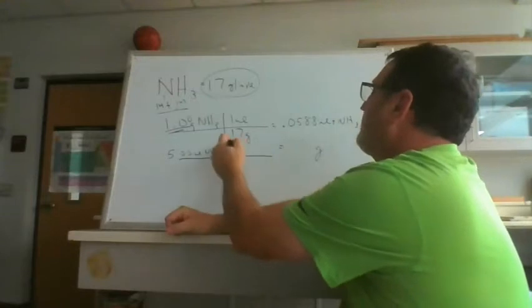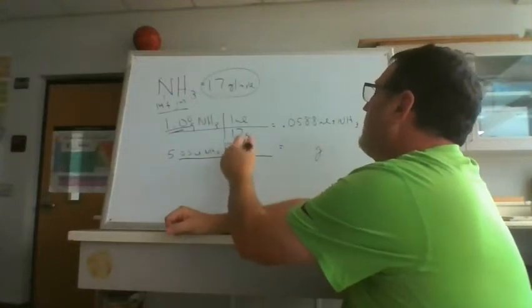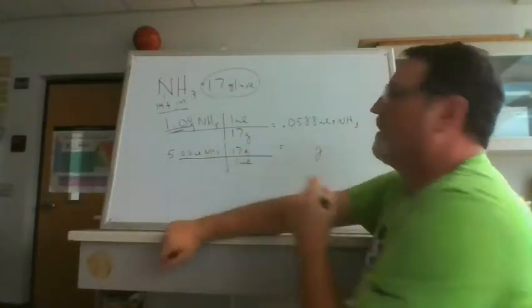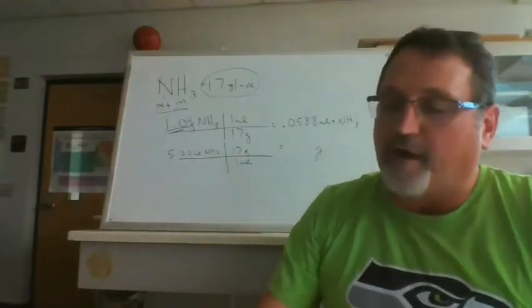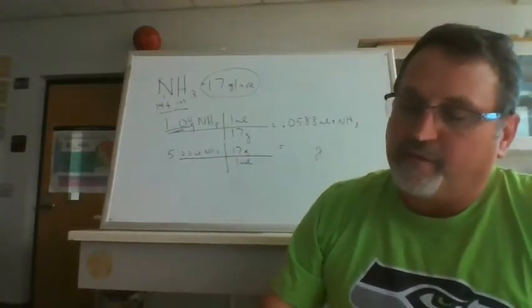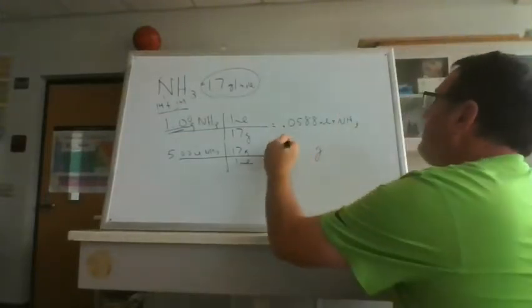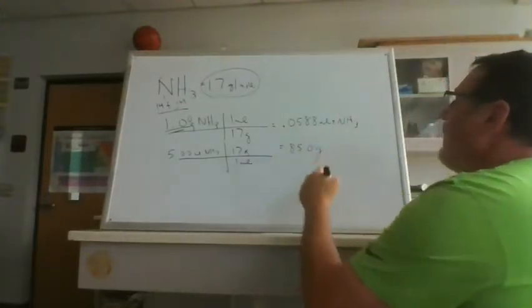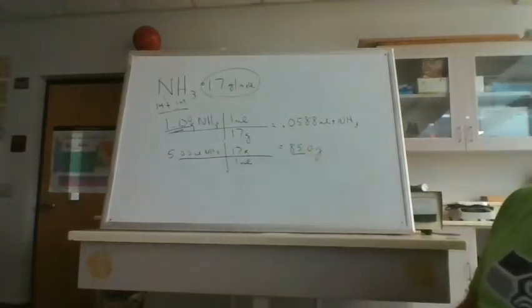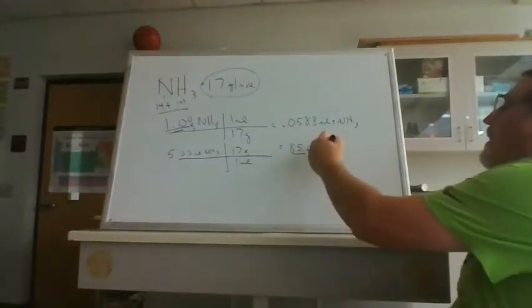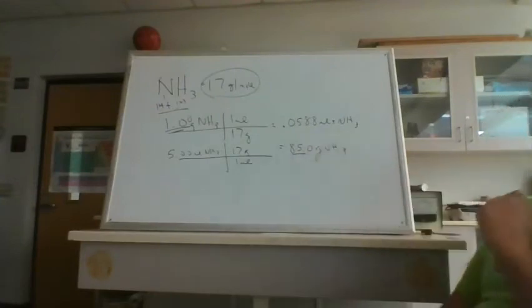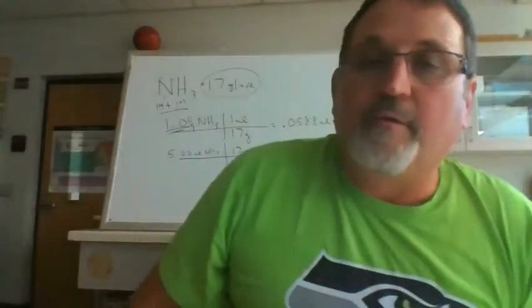There are 17 grams in 1 mole, and I have 5 moles of it. So I have 17 times 5, I have 85 grams. And notice again, I'm being careful to make sure I show my significant figures.